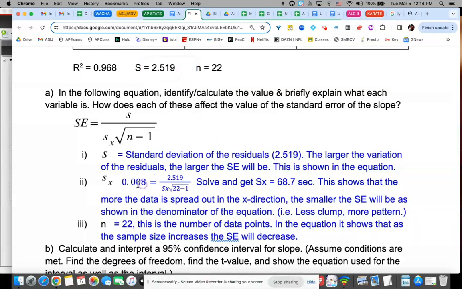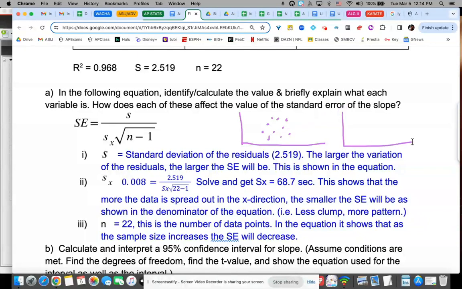All right. Why is S of X in there? Now, this is very interesting. You could have a bunch of data points that look like they're clumped up, and you're not quite sure if the slope should go like that or go up like that. It's really hard to see.